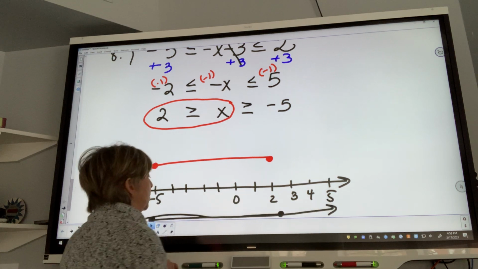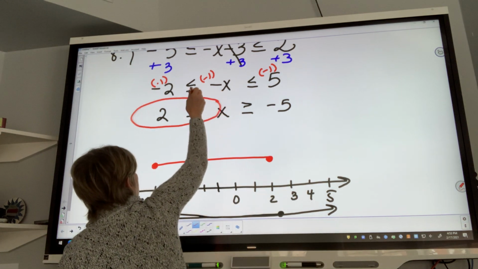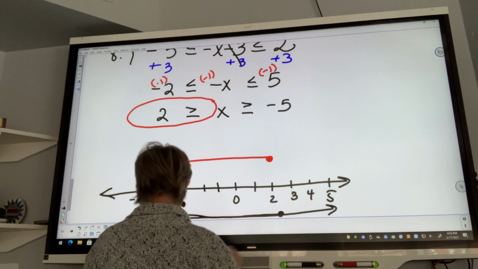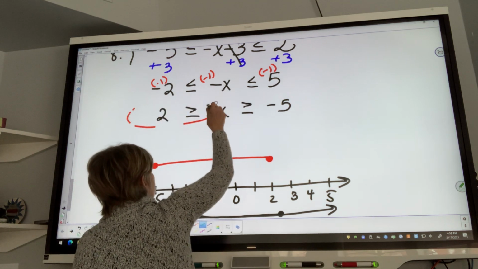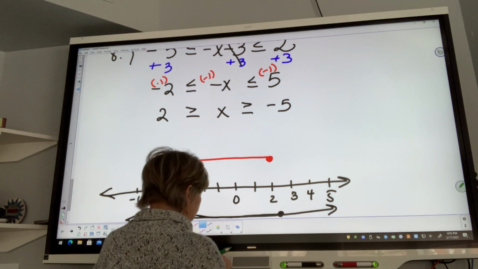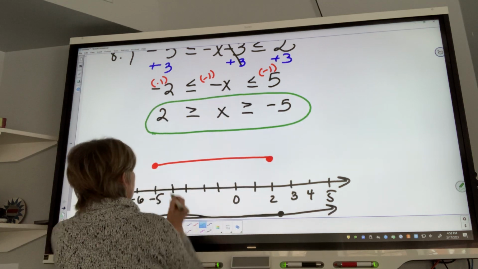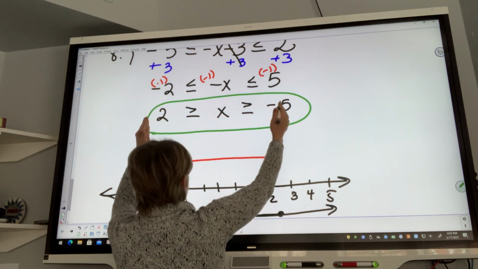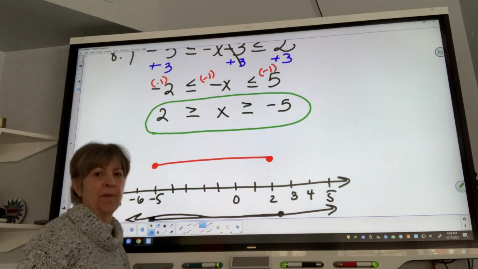Now, here's what I'm going to tell you, because a lot of you guys are really bright. If you look at this statement here, this whole thing, isn't X position between +2 and -5?